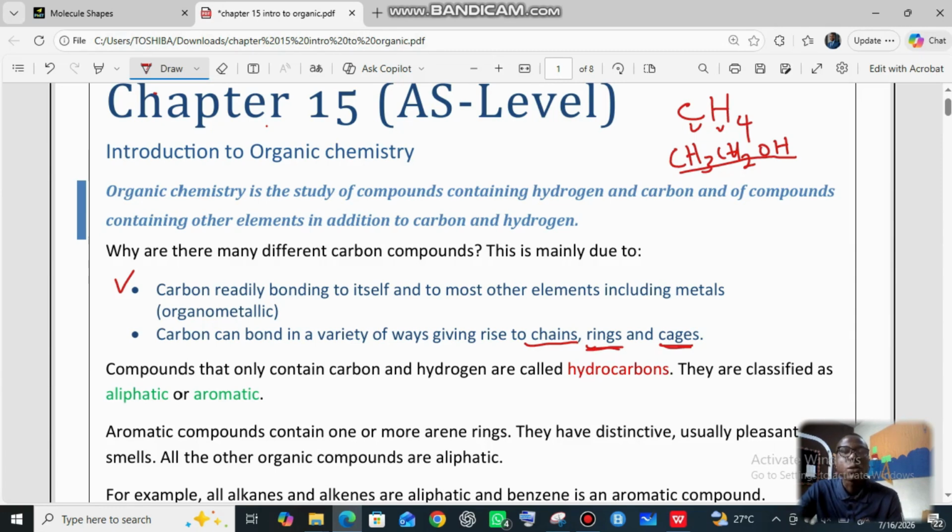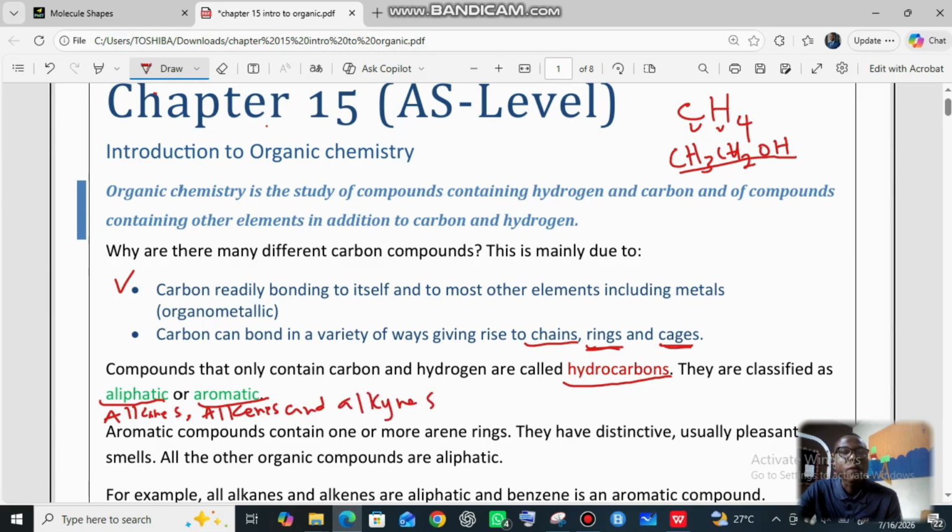Organic compounds that contain carbon and hydrogen only are referred to as hydrocarbons. Hydrocarbons are classified into two: aliphatic hydrocarbons and aromatic hydrocarbons. Aliphatic hydrocarbons refer to compounds such as alkanes, alkenes, and alkynes.